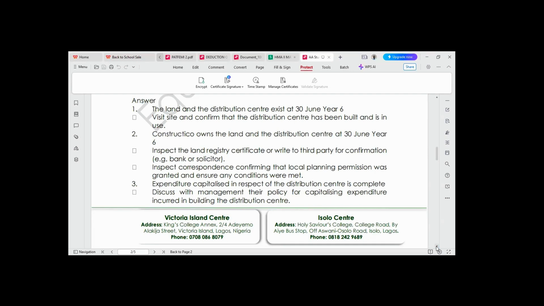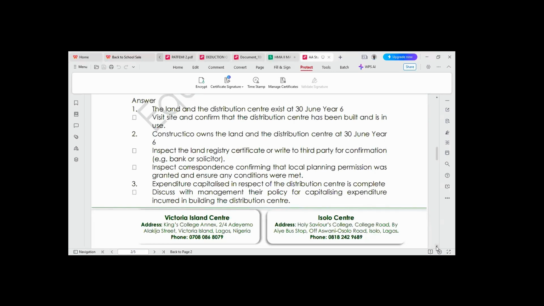So there are reasons behind how you classify something as an asset or as something that can be written off at once. So you understand what I'm saying now? So cement will be seen as what? Will be capitalized, okay? Because it goes into the building.